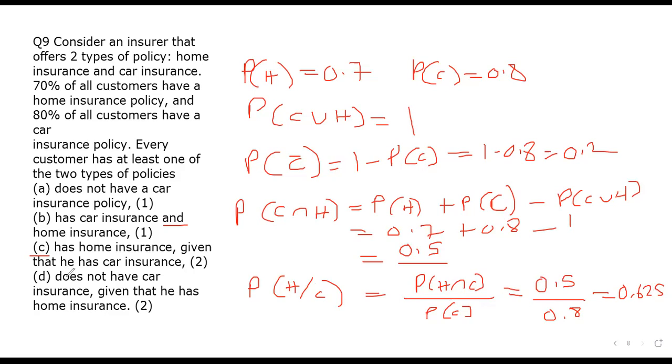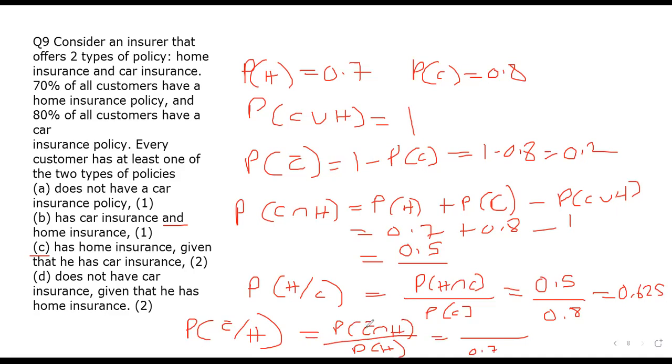And finally, probability that does not have a car given home insurance. So already, whenever there's a complement somewhere, we have theorem 2. So C complement intersection H over the probability of what? H. H is not a problem to find because we already have it. That's probability of H, 0.7.